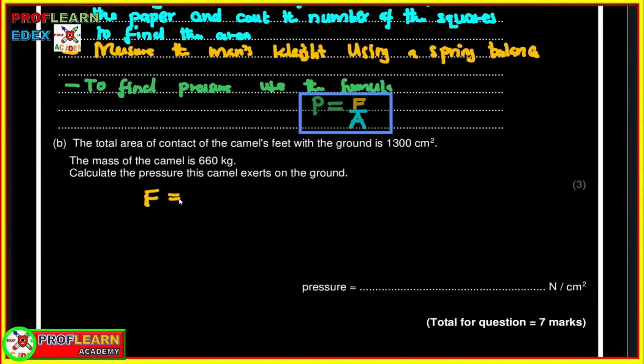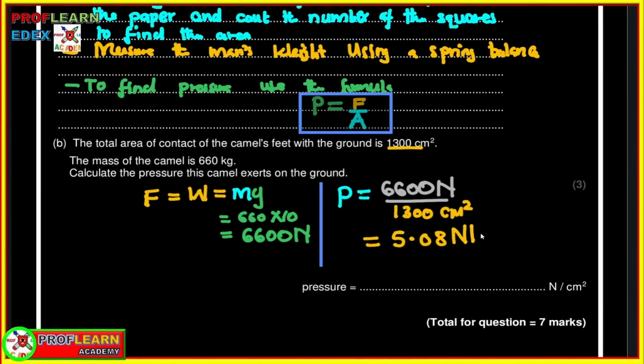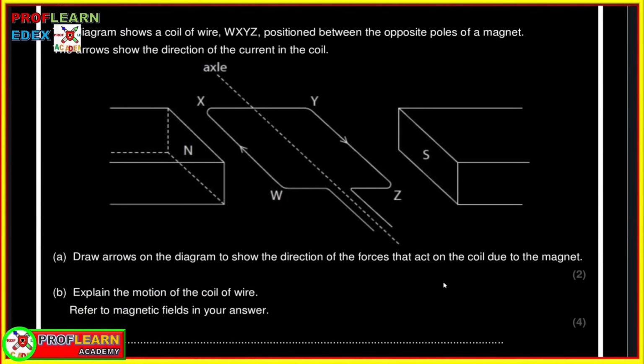Force equals the weight, and the weight is mass times gravity, which is equivalent to 6,600 newtons. Then we are told the area is 1,300, so we can apply the formula we stated earlier and work out the pressure, and that is going to be 5.08 newtons per centimeter squared as the pressure the camel exerts.